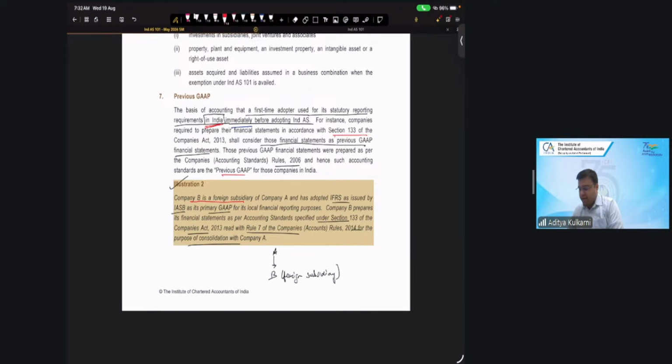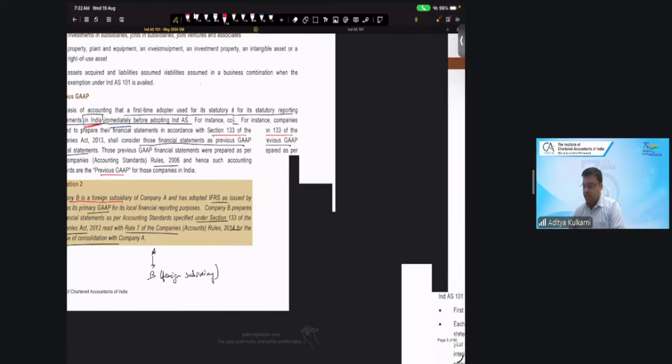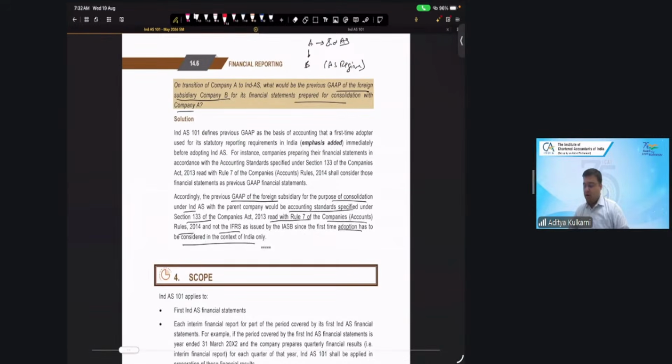A is the Indian company, B is the foreign subsidiary. On transition of company A to Ind AS, what would be the previous GAAP of the foreign subsidiary company B for its financial statements prepared for consolidation?